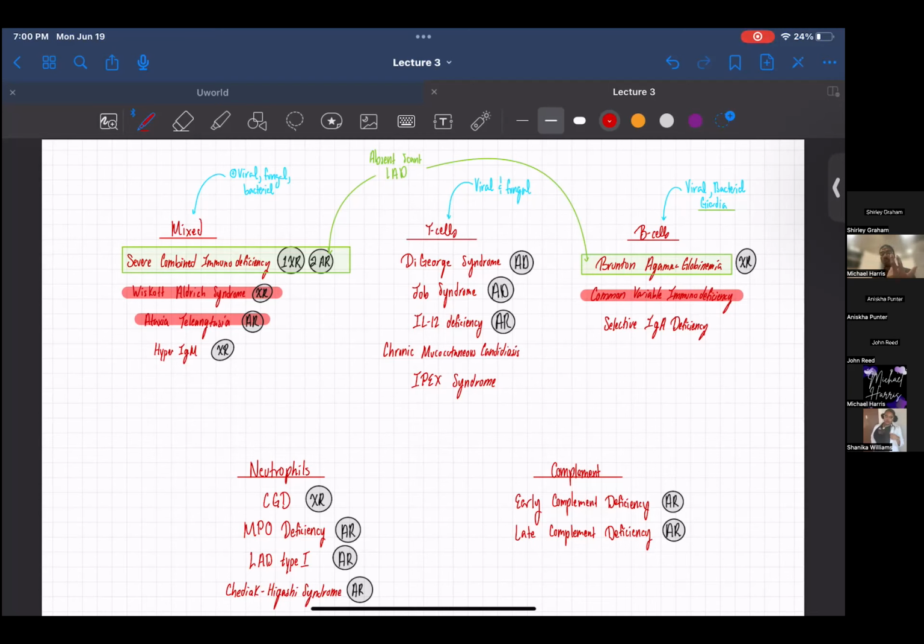So if you lose B cells, you lose antibodies and you get a higher susceptibility to bacteria. That's the first thing.